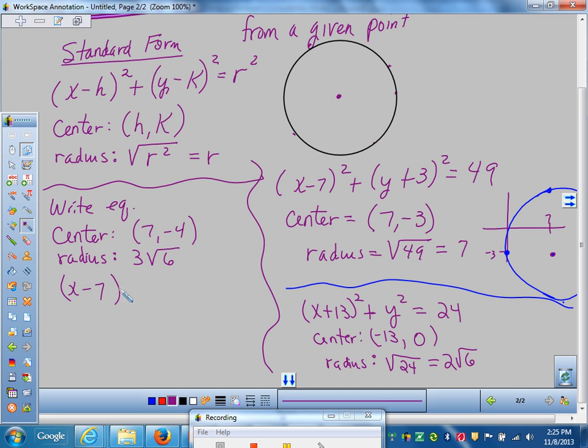So yes, it's going to be x minus 7 squared plus y plus 4 squared equals, and if you square the 3 square root of 6, 3 squared would be 9, and squaring the square root just gets rid of it, so it's really just 9 times 6, or 54. If you have something with a square root, just square each part and multiply it together. And with that, you wrote the equation of the circle.